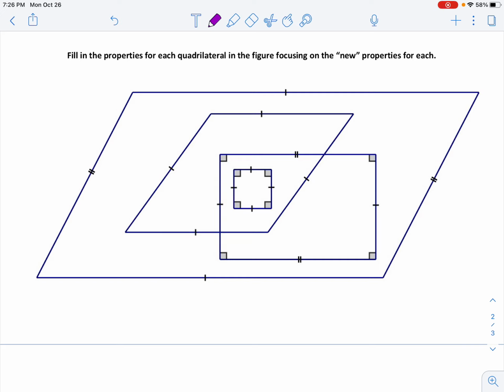and that is a parallelogram. So the parallelogram has 2 pair of opposite parallel sides and 2 pair of opposite congruent sides. It also has opposite angles that are congruent.